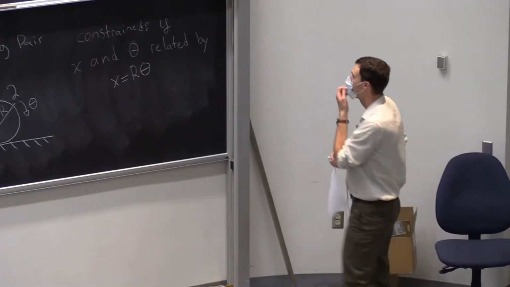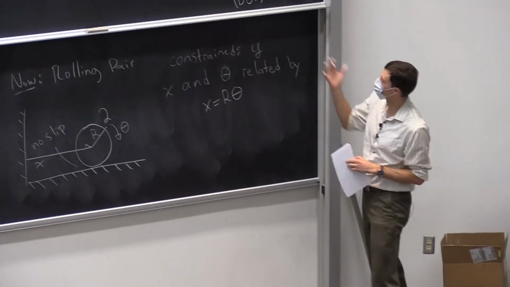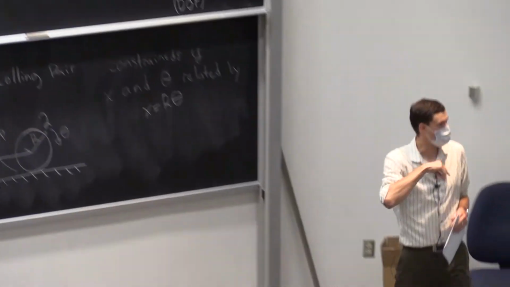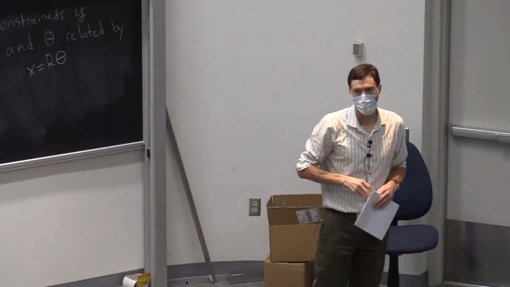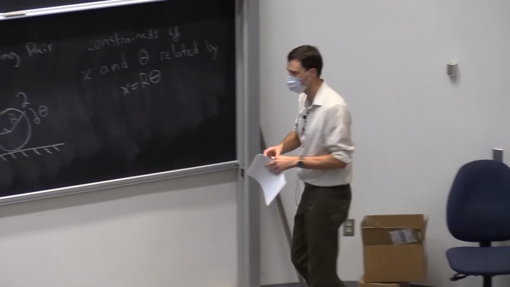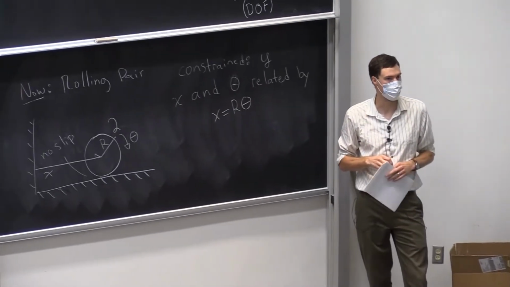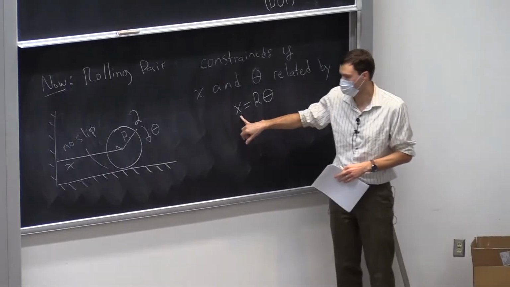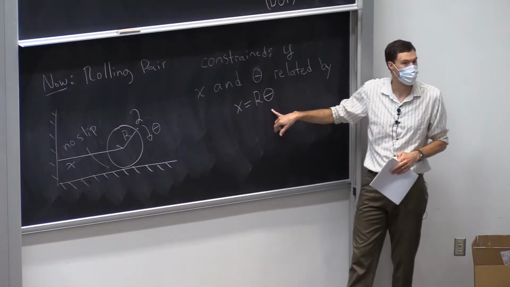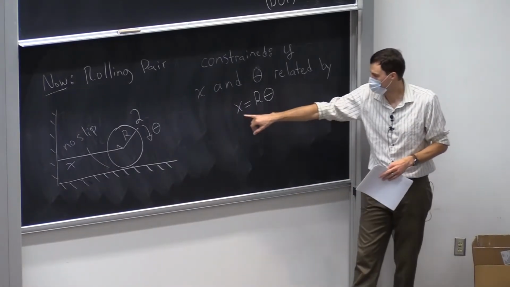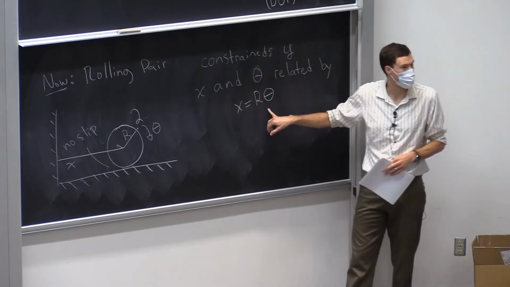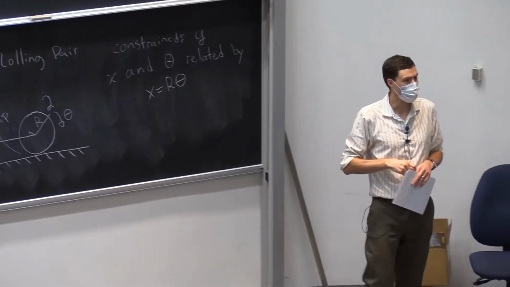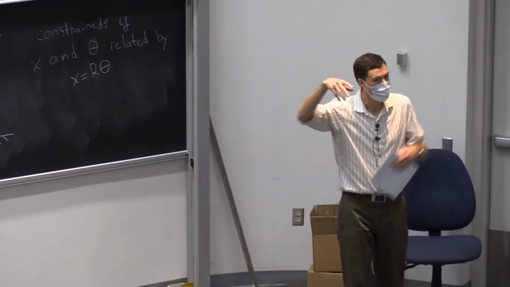So if we think about our definition of mobility, which is hidden right now, are both of these parameters free? Or if I tell you one of them, would that be enough to fix the whole location of the link? One is enough, right? If I tell you x equals 1 meter, you can calculate theta. Because these two are related to each other by this equation, there's only one free value between the two of them.